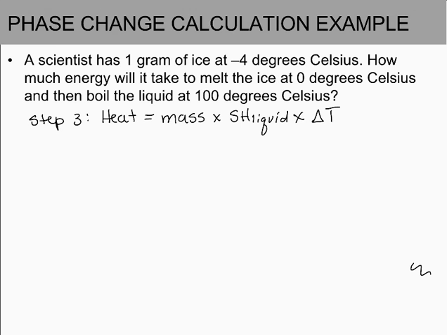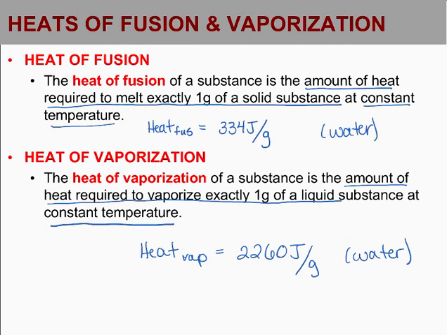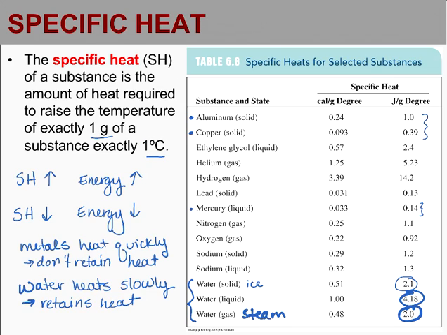Okay, so let's go back and look up the specific heat of liquid water. All right, so liquid water is second to last on our table, and its specific heat value is 4.18 joules per gram degrees Celsius.